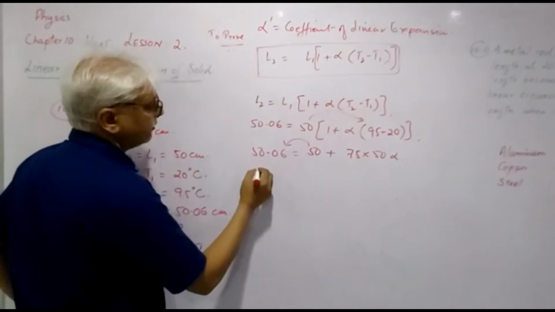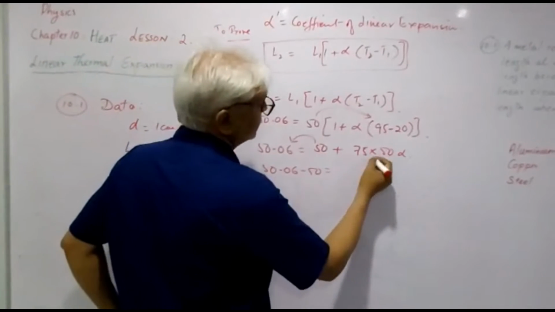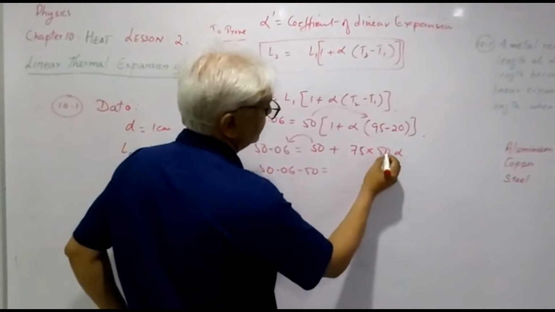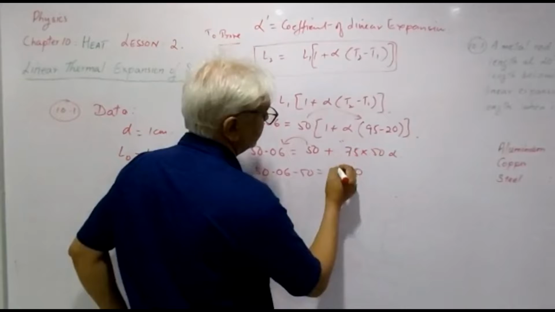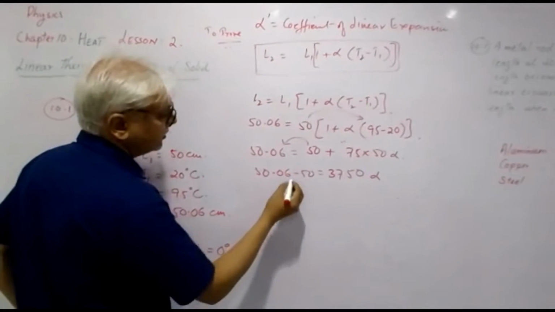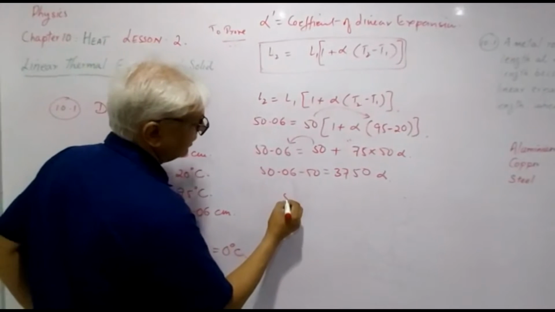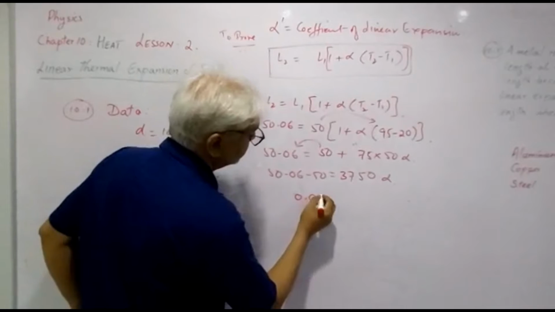So let's bring this 50 over here. 50.06 minus 50 is equal to 75 times 50, which gives 3750 alpha. When you subtract 50 from 50.06, you get 0.06.